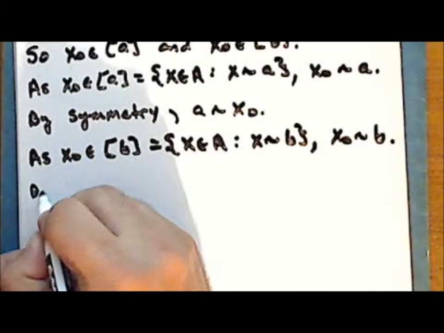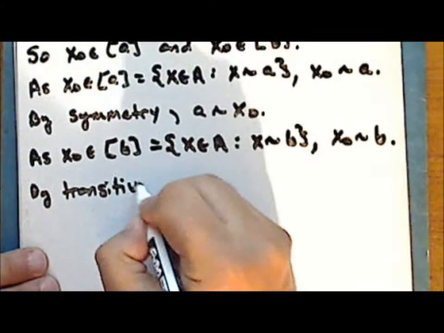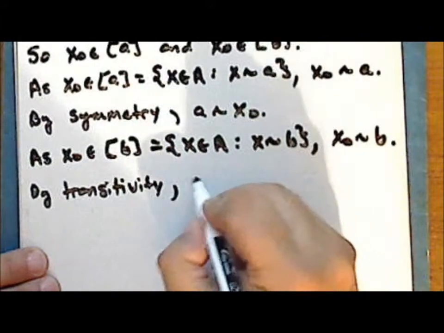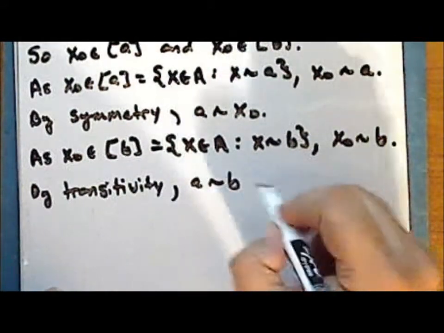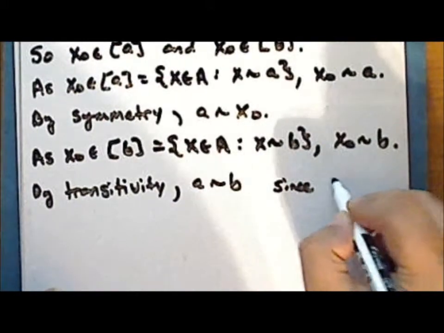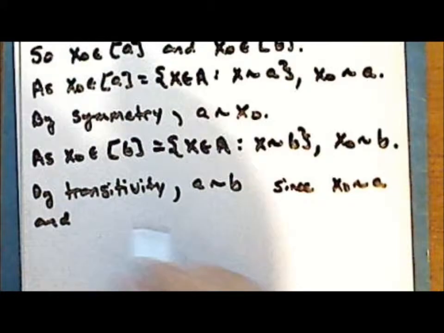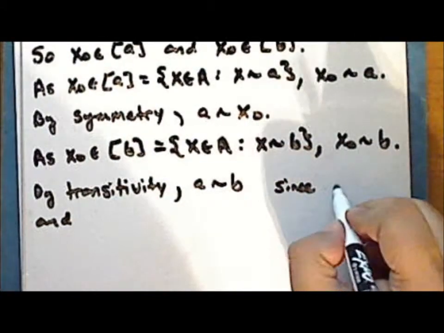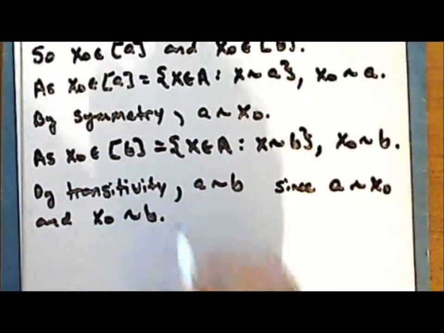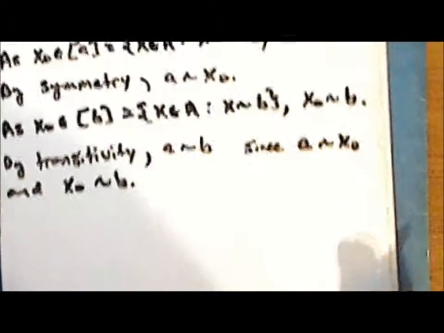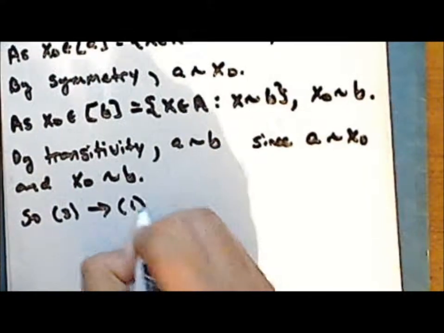So by transitivity, we have that a is related to b, since a is related to x naught, and x naught is related to b. So the third statement does imply the first.